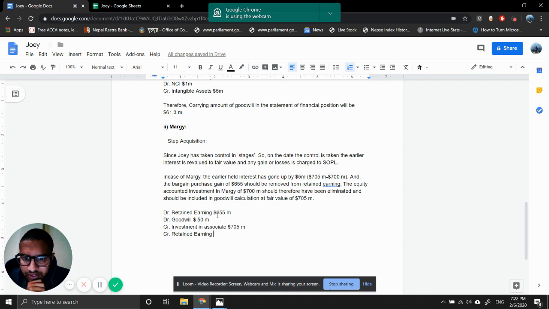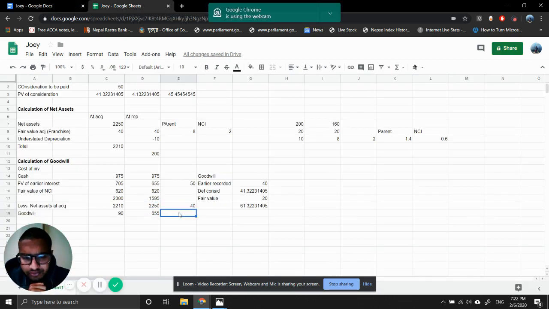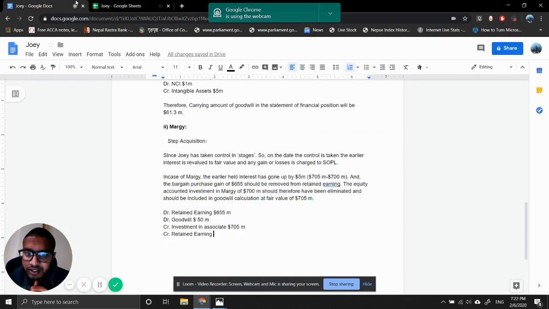So how much will this figure be? 655 plus 50 will be 705. That means, nope, because investment is only 700. Then retained earning will be 5 million.